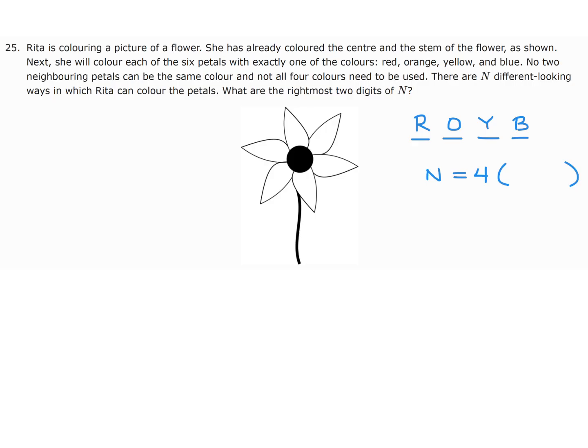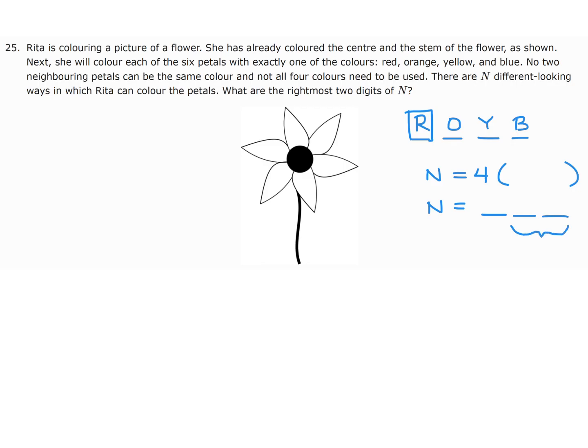So if we find out how many cases there are for R, it would be an identical number of cases for O, for Y, and for B. And then that would be our n, and whatever n is, we take the last 2 digits, and that would be our answer.